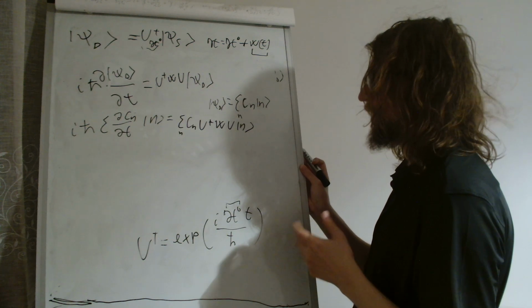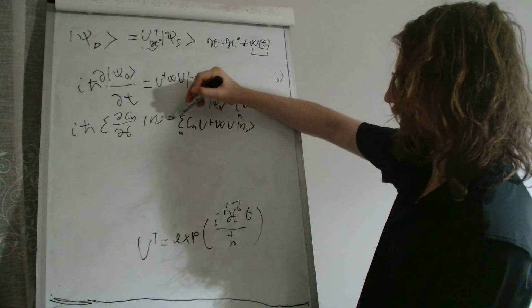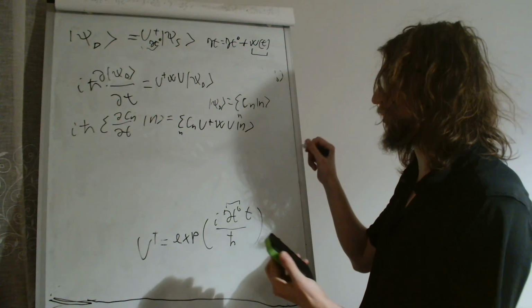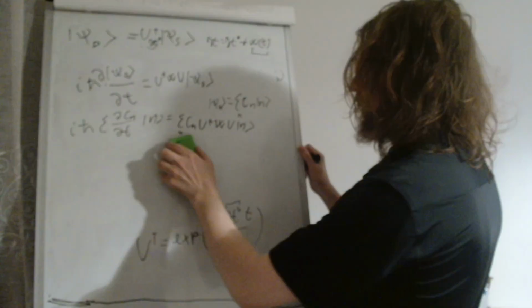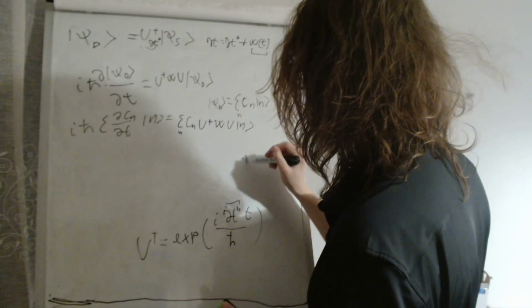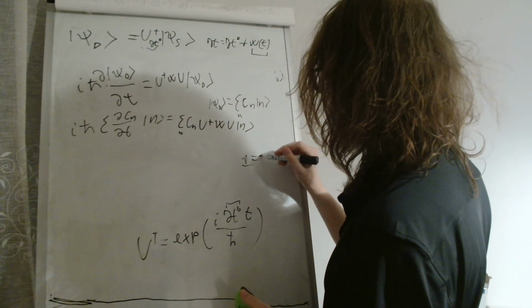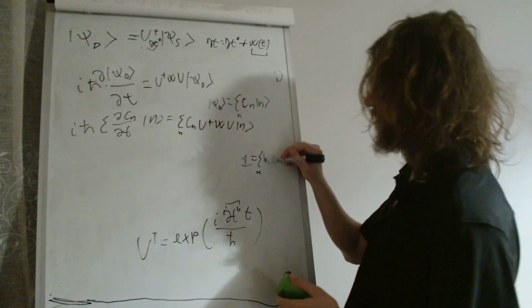So I will add here the identity matrix, which does nothing, so it will remain equal to this term, and I write the identity matrix with the completeness relation.